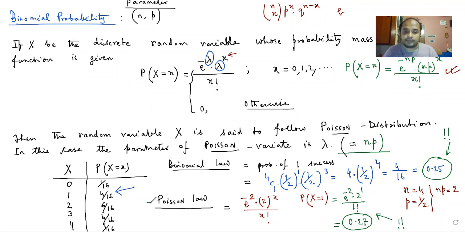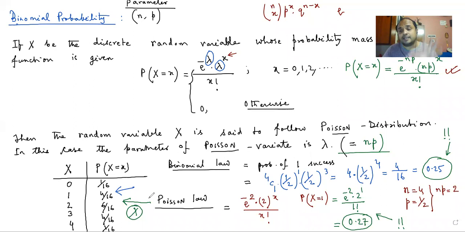We cannot apply Poisson law to the given system for some reason that I have not discussed in this particular class. Why is it not authentic to apply Poisson law to the coin tossing problem? That will be discussed in the next class.